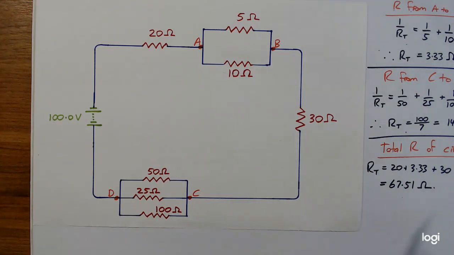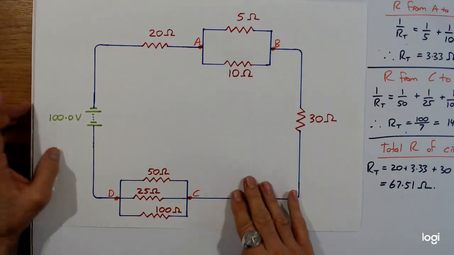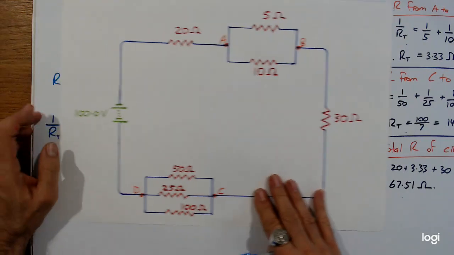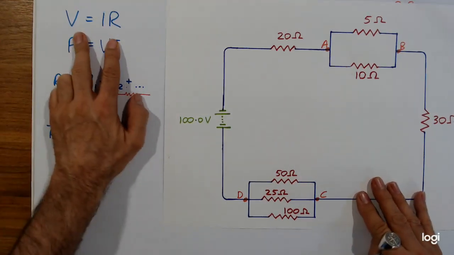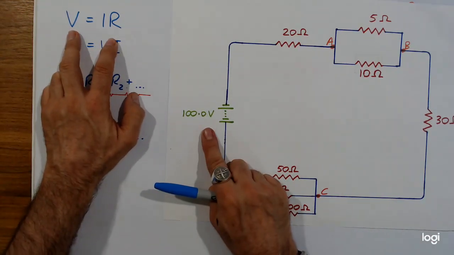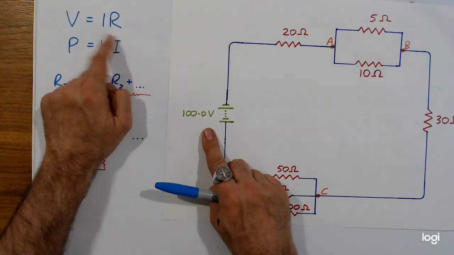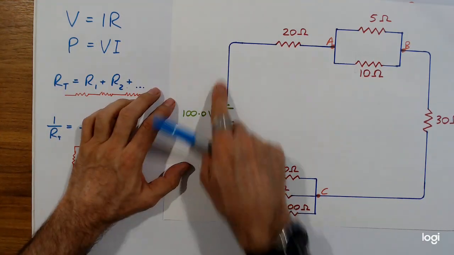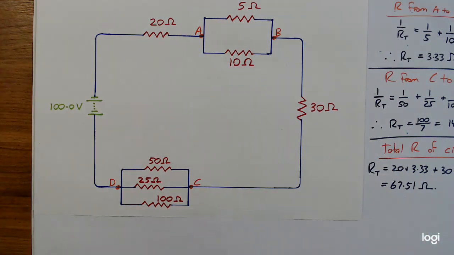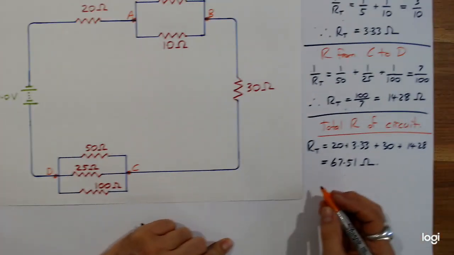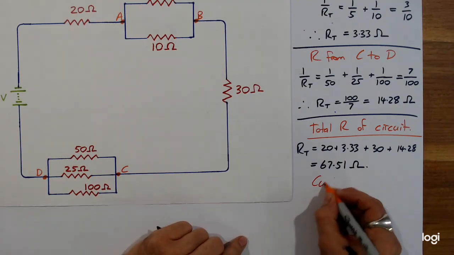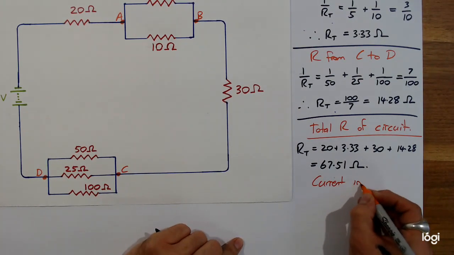Right. Now we can find the total current finally, because using V equals IR, we've now got the V, we already had that, and we've now got the R for the total circuit. Now we can find how much current is actually coming out of this thing. Let's do it. And again, say what you're doing. Current in circuit.